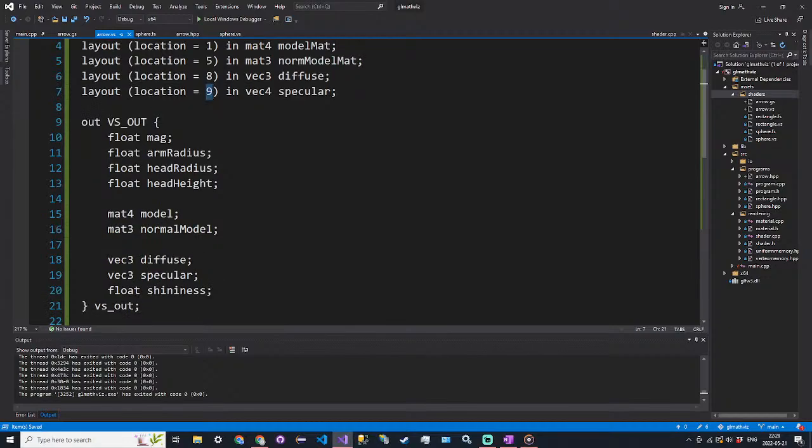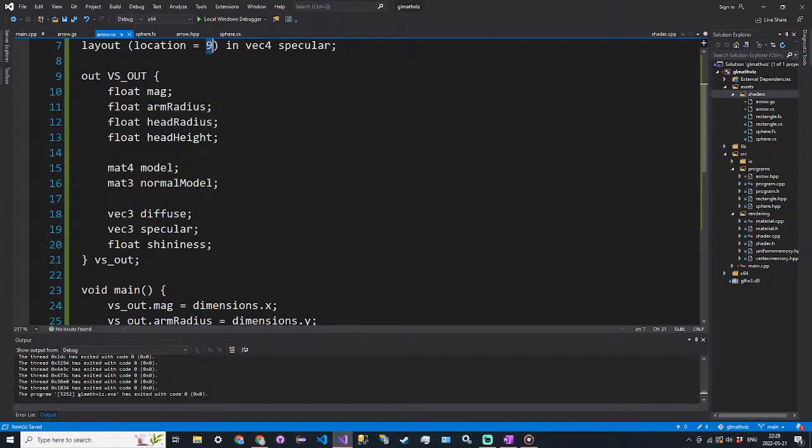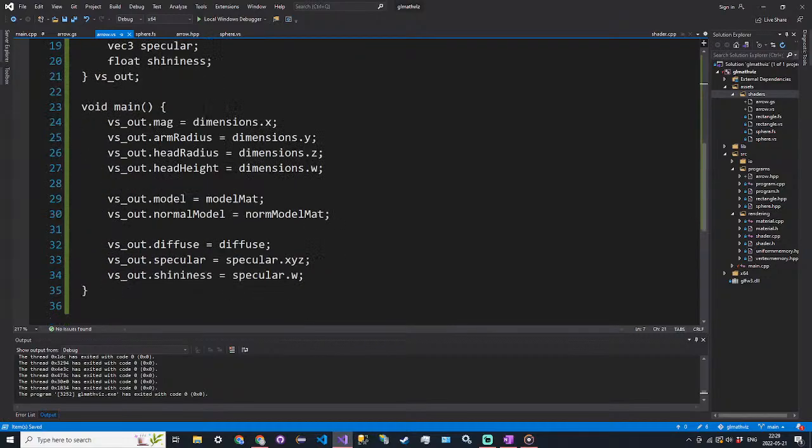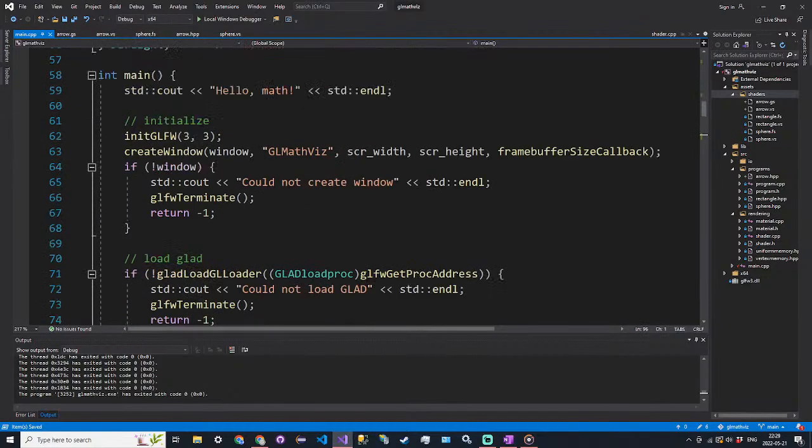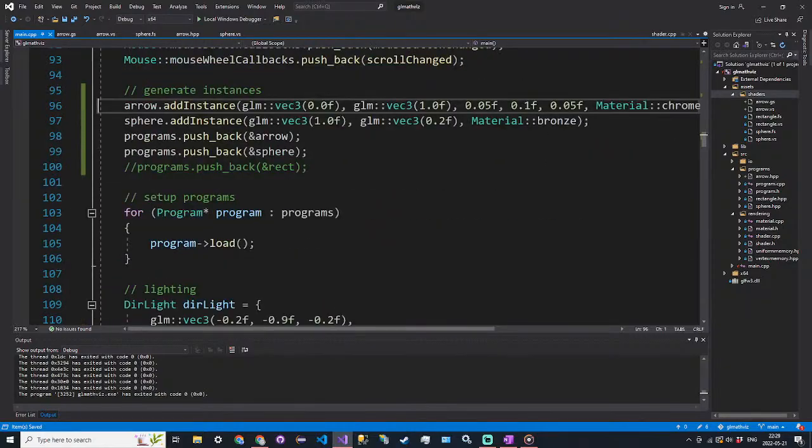There's no syntax errors. We're going to output magnitude, radius, head height, model, normal model, diffuse, specular, shininess. And we set those values accordingly. Okay. I'm not sure it's calling the shader.